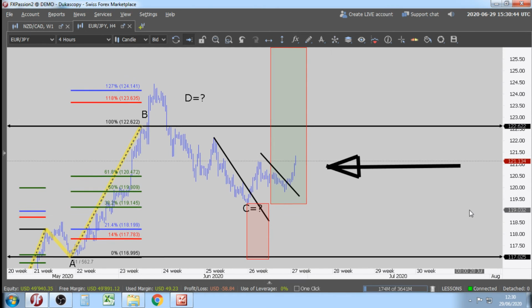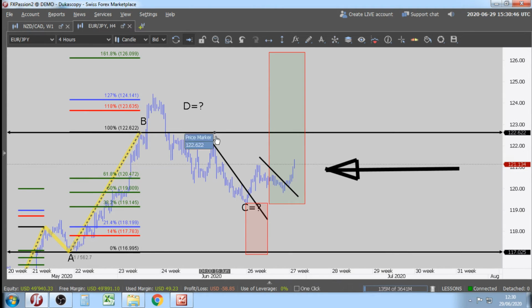Can I enter right now? Can I buy the market Euro JPY 4-hour chart? We are moving forward with the classes. What would you say, everybody? It's a yes or no question. Can I enter right now?